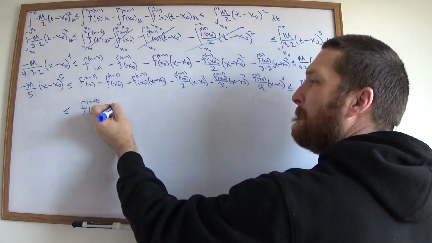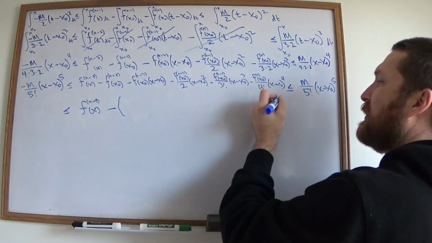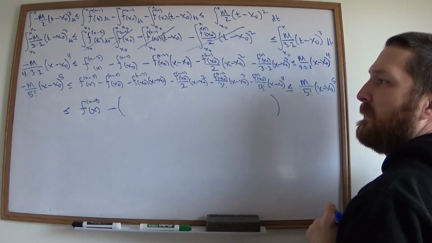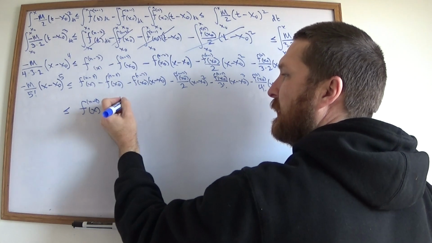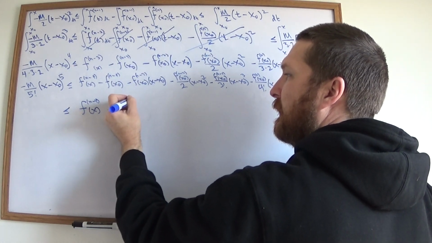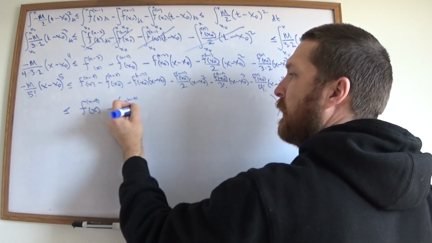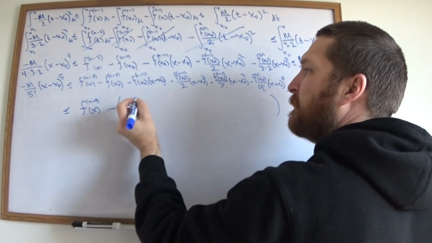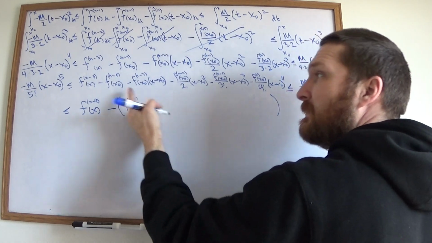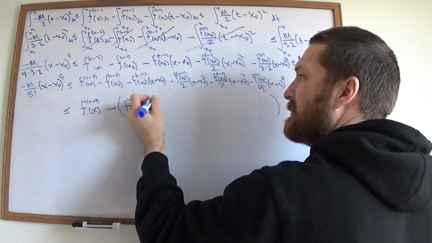Let's pull that minus out of each one of those and rewrite that. And so that's going to give me f n minus 4 at x0, plus, right, pulling out the minus makes that a plus.